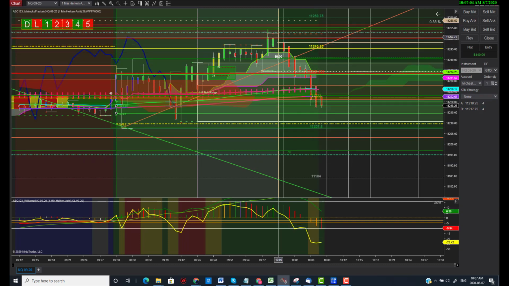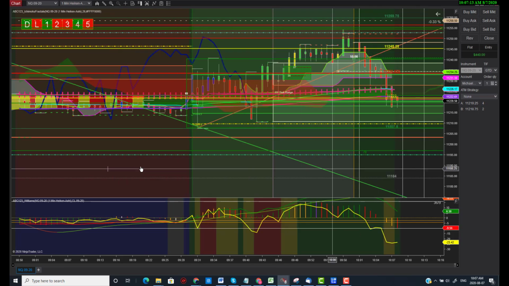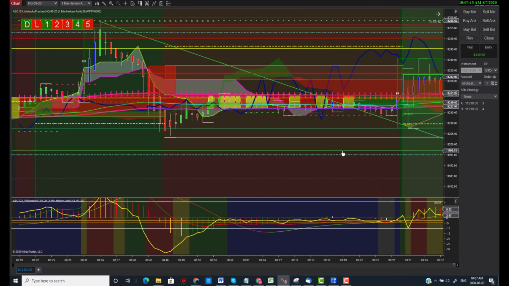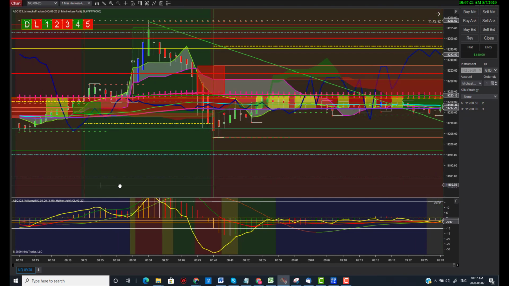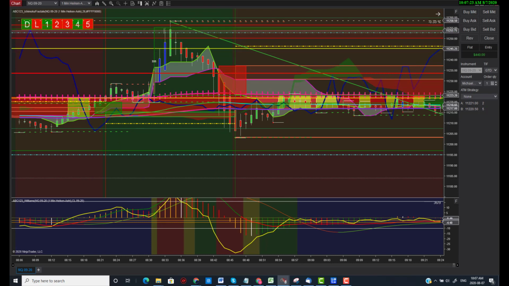When you get to a volume zone, I'm going to be creating kind of an interest box right at this critical zone. And let's see if I can find another one. Yeah, there will be one right here, even though it's not strong enough. For sure right here. And it will show you points of interest.